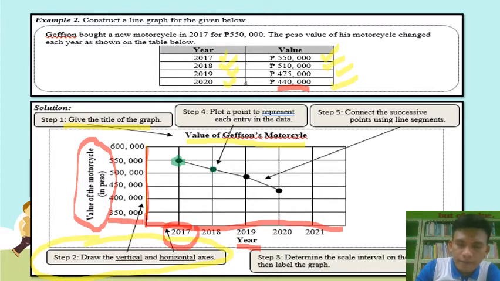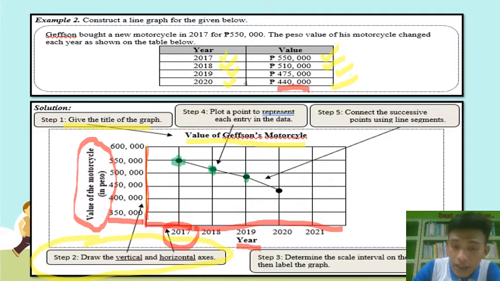2019 is 475,000. So it's between 450 and 500, in the middle part. So 475 is something found here. 2020 is 440,000.